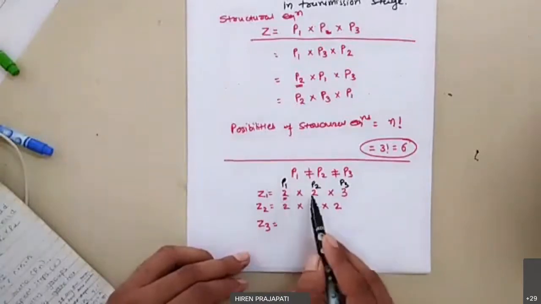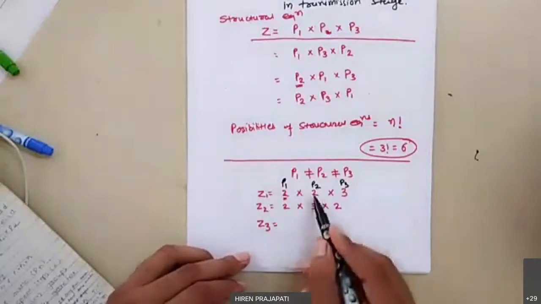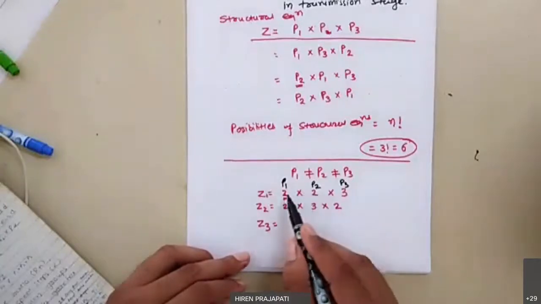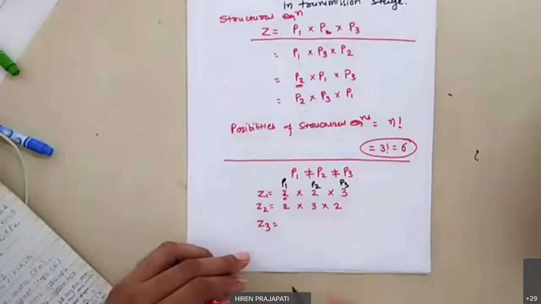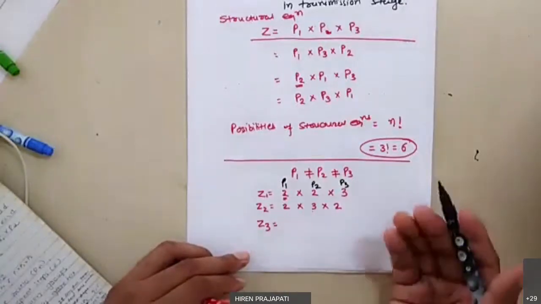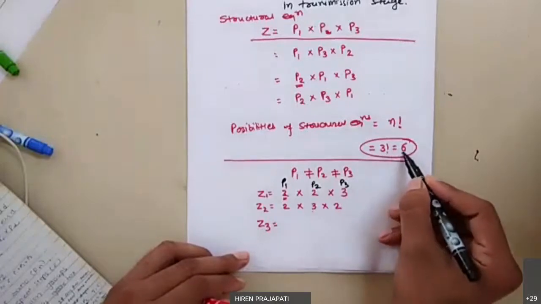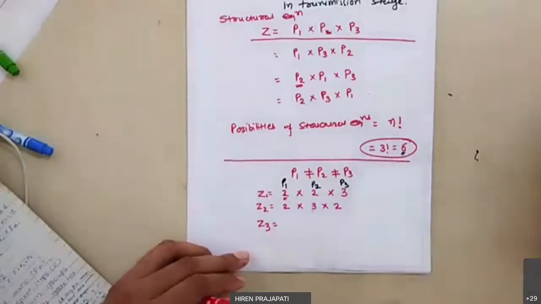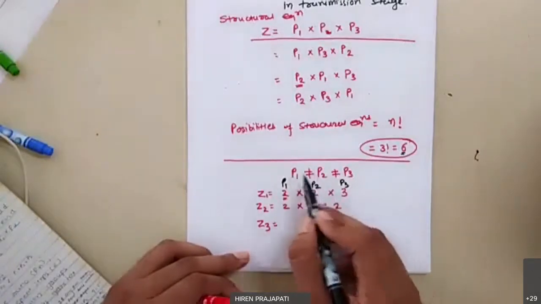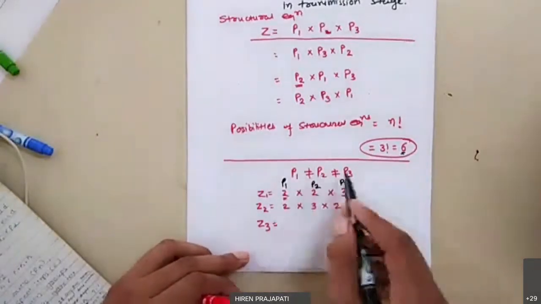No. The reason is both have the same value. Meaning if I flip the position of P2 and P1, I'll not get any change. Because they are redundant actually. Right? So 3 factorial, meaning total 6 possibilities, is not correct as such, when you have the same value of P1, P2 or P2, P3.